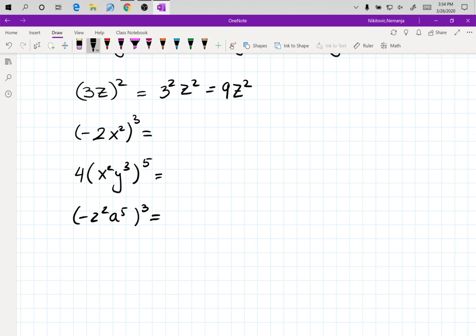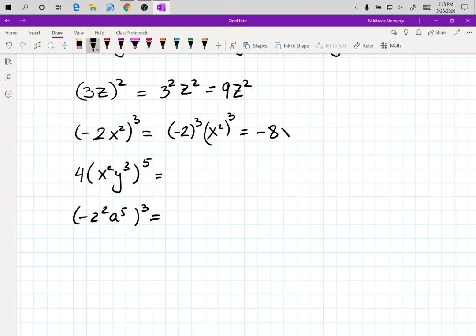The next one over here is negative 2 cubed x squared cubed. The 3rd power is called cube. All right, so negative belongs to number 2. We have 3 negative 2's, so that's going to be negative 8.